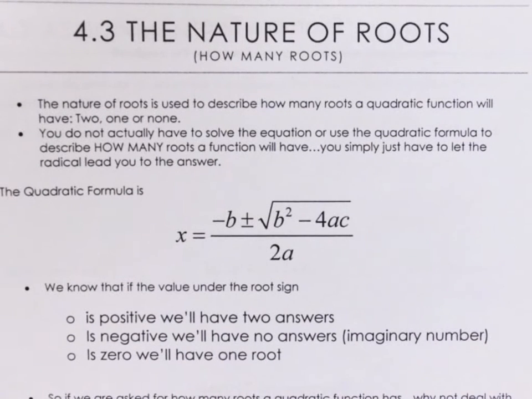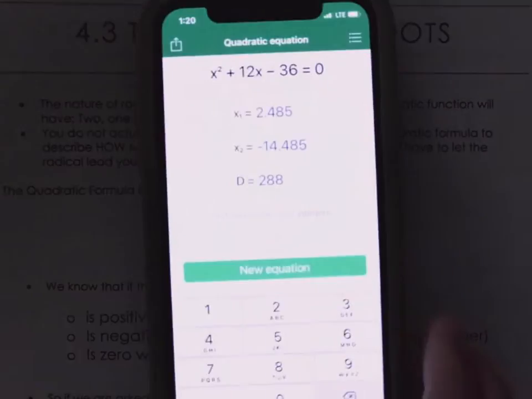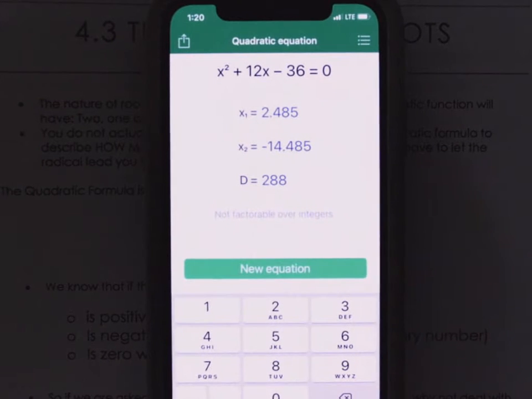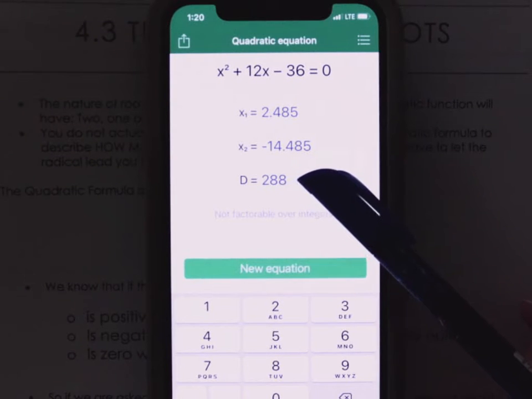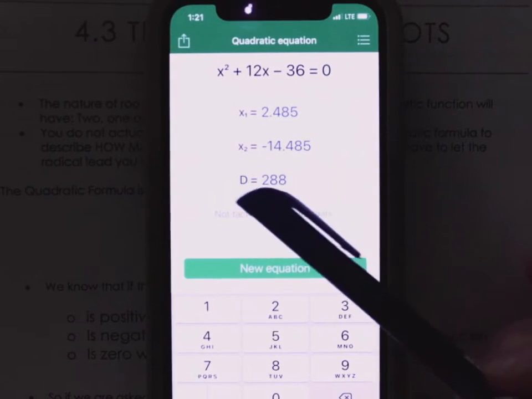Okay, so yesterday when I showed you that quadratic solver on my phone, and we talked about the 288, I said it's called the discriminant. We located where the discriminant was.